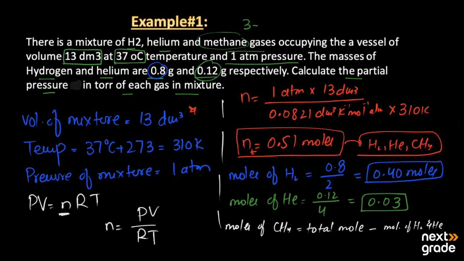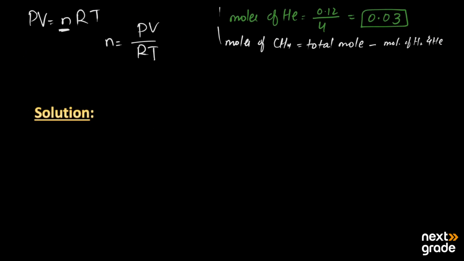So the moles of CH4 equal the total moles, 0.51, subtracting the moles of hydrogen, 0.40, and subtracting the moles of helium, 0.03.